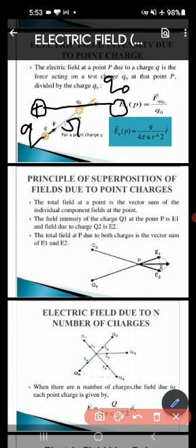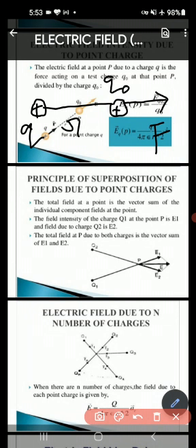So the source charge can exert an electrostatic force on the test charge Q naught.